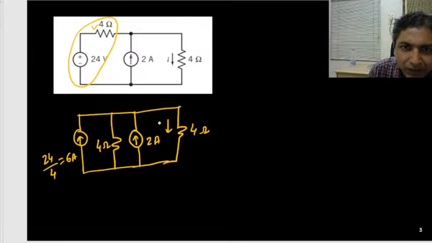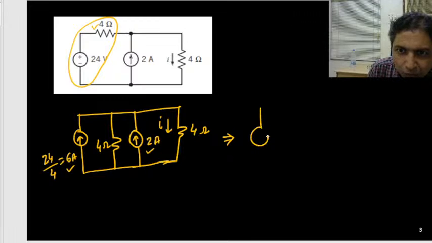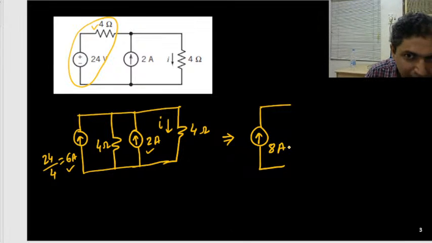This current we want to find out, right? So now what we can do, this 6 ampere and 2 ampere, these two we can combine together because they are connected in parallel. So we can simplify it to one single current source. That value will be 6 plus 2, that is your 8 ampere. Is it okay?